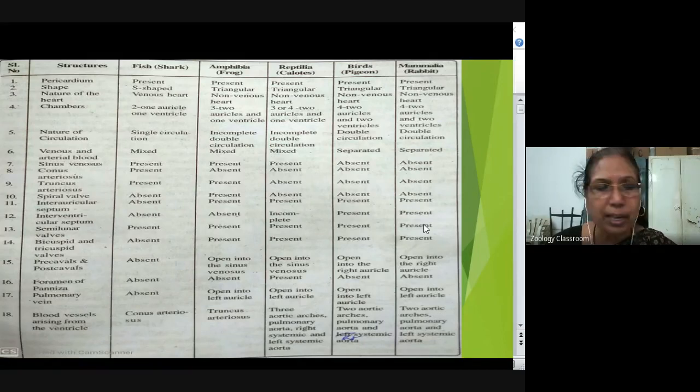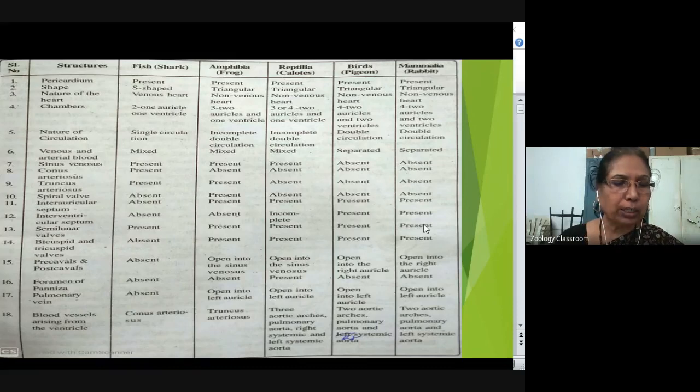Columnae carneae are the muscular ridges; these are absent in fish, but found in frog, lizard, pigeon and rabbit or mammal. Papillary muscles are present only in mammals and birds, not in other animals.